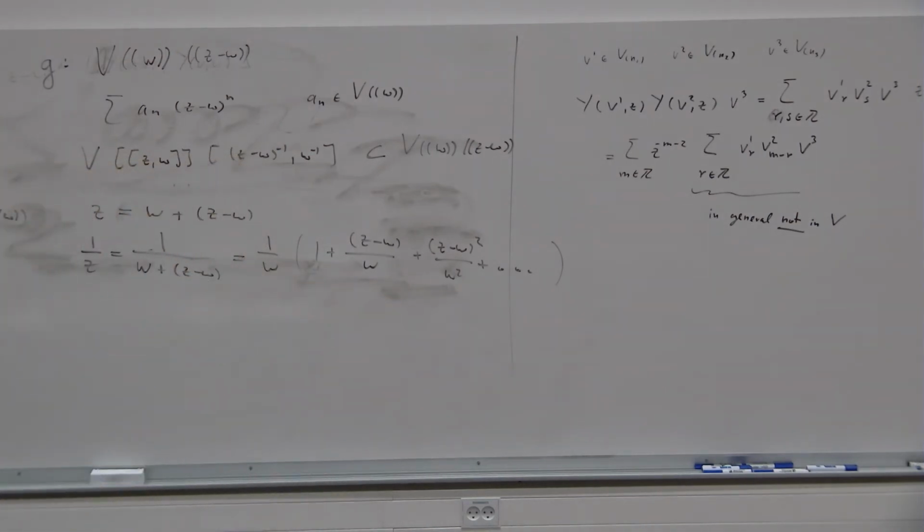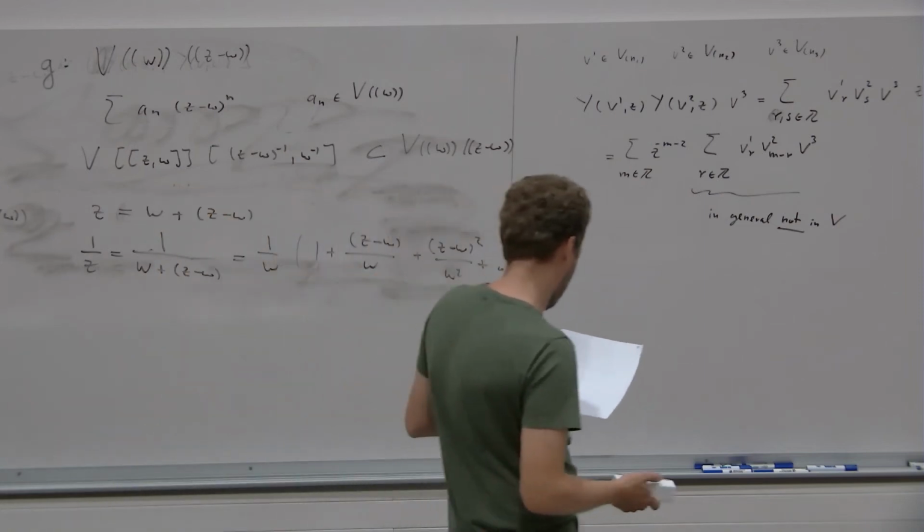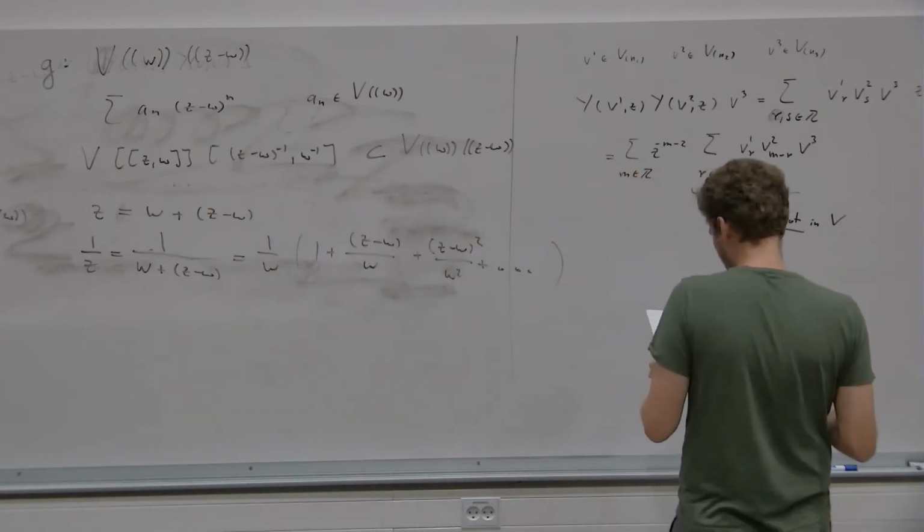Okay. So via these three embeddings, one can formulate the duality property.